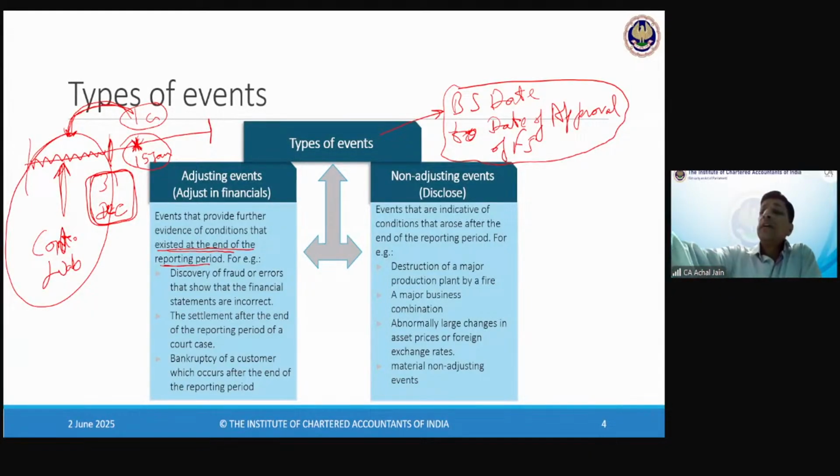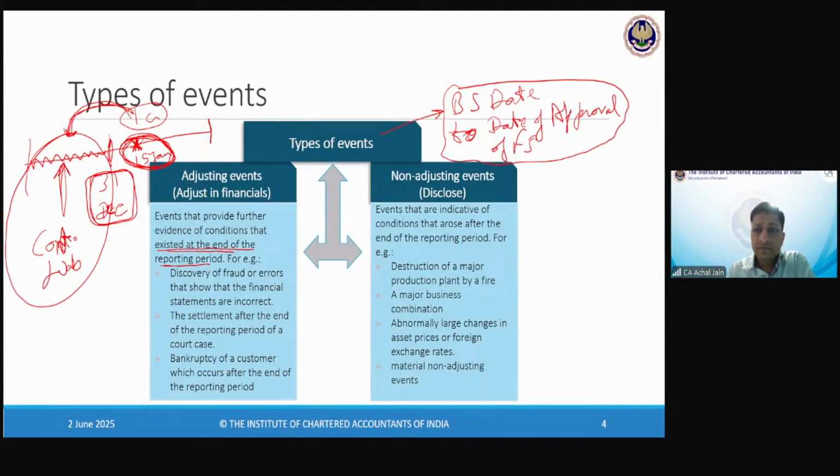So now the accounting standard says that if there is any event after the balance sheet date, like this, we have an event after the balance sheet date on 15th of January, for which there is an evidence of conditions that existed before the balance sheet date or as on the balance sheet date. So what are those conditions? Have you now understood? Tell me quickly.